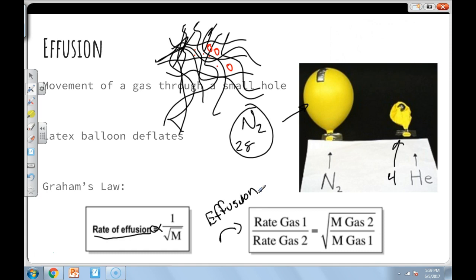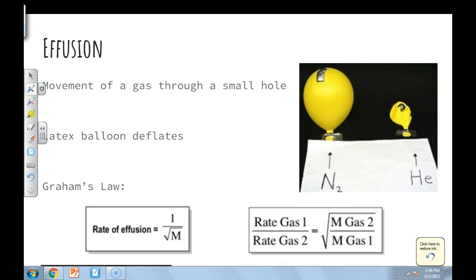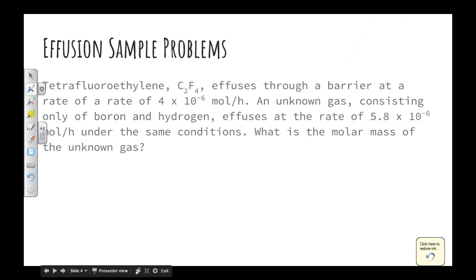Let's do a sample problem here. You can read this, and it talks about 2 gases. The idea here is that you can set up an experiment to determine the molar mass of a gas through an effusion setup.